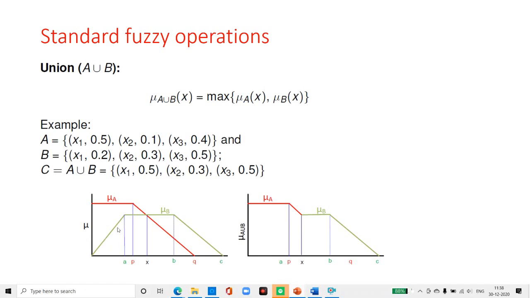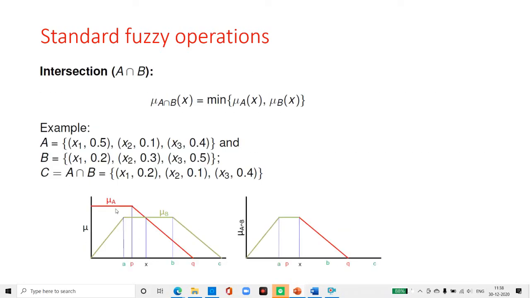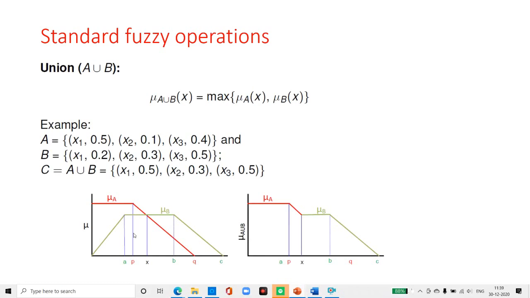We are plotting 0.5, 0.1, 0.4, that is the green line, and for set B we are plotting red. In the intersection, this is our diagram, and here for the union, this is our diagram.